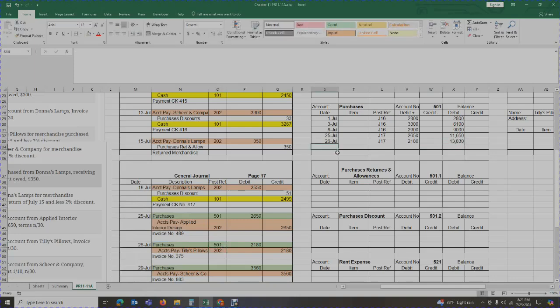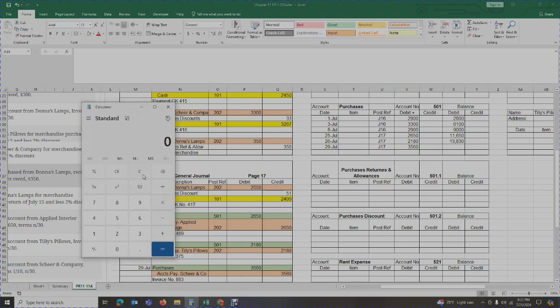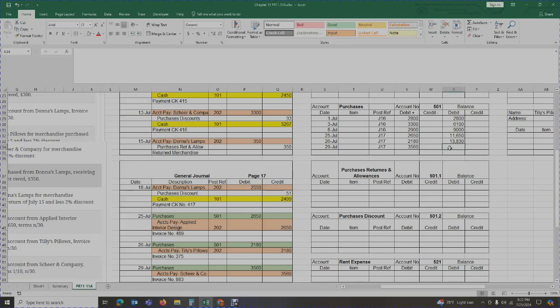Okay, and then we have on the 29th, the last one, July the 29th, we've got journal 17, and I've got a purchase of 3560 debit. So we've got 13,830 plus 3560. That gives me 17,390.